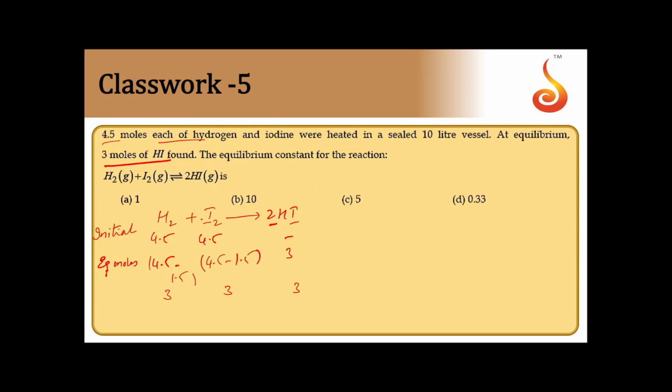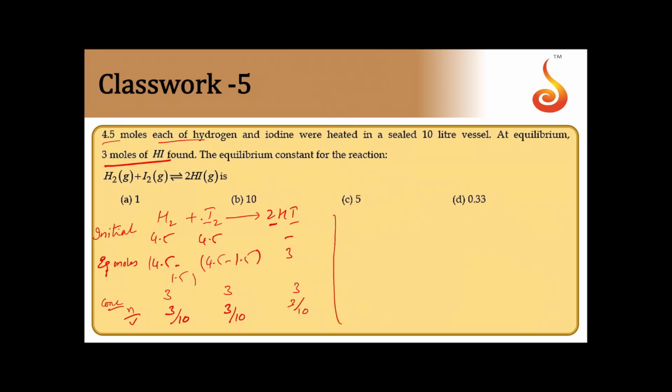Now coming to concentrations, it should be N by V. Volume is given as 10 liters, so divide throughout by 10: 3 by 10, 3 by 10, 3 by 10. That gives us the equilibrium concentrations.